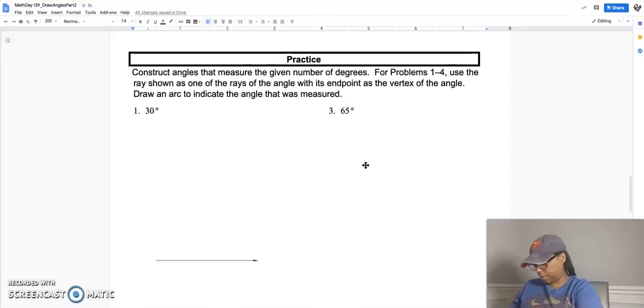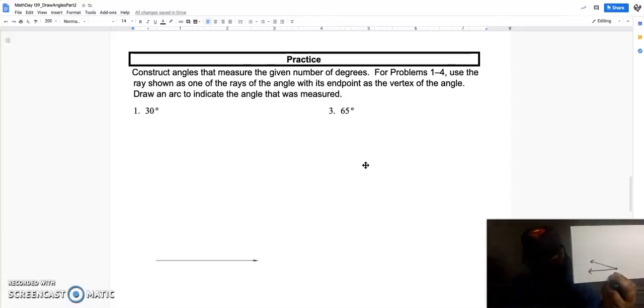Now a 30-degree angle is a tiny, tiny little thing. It's really small. So I'm going to make my line, and I'm going to stop it right at the mark for 30 degrees. And this is my 30-degree angle.